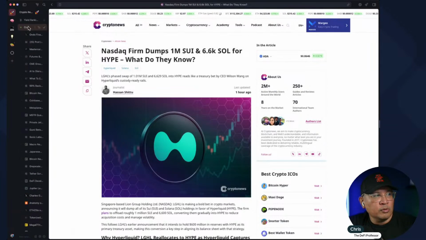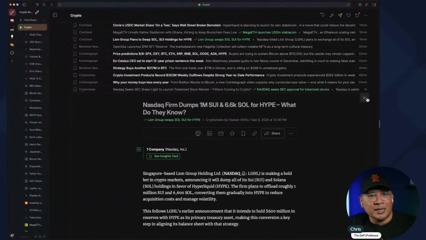For those of you who don't know, Hyperliquid is a perpetual DEX. It's fairly young, roughly about a year old, maybe a little bit more than that. But they have quickly become the largest perp DEX in all of crypto, launching past GMX, launching past Drift, and some of these other, now smaller, but still good perp DEXs.